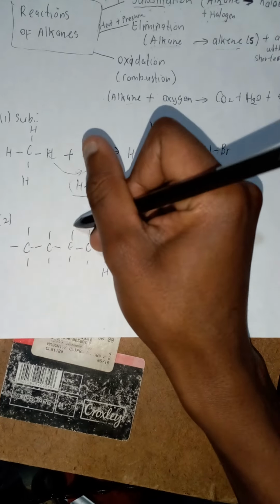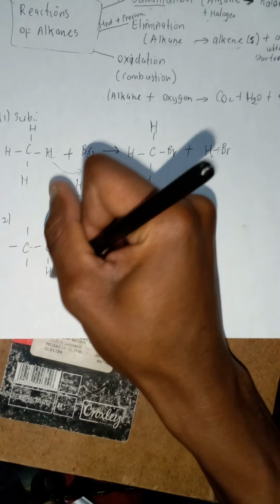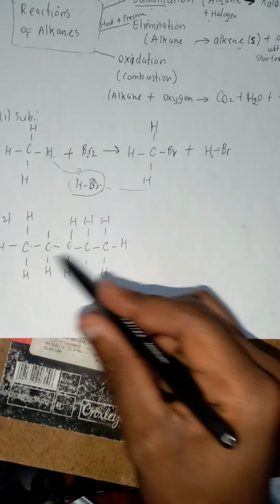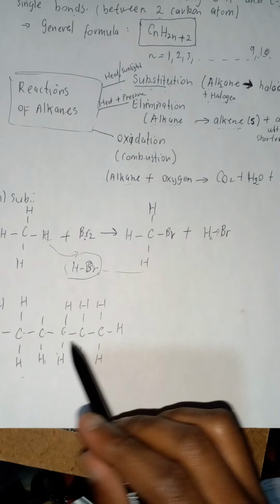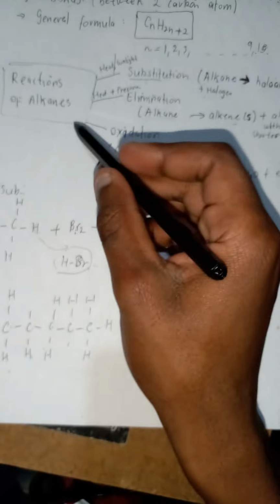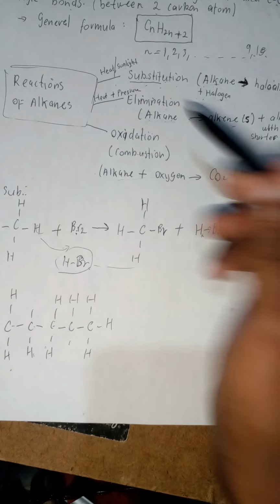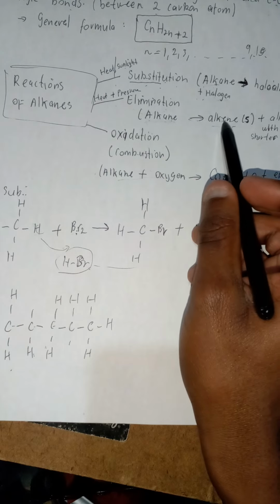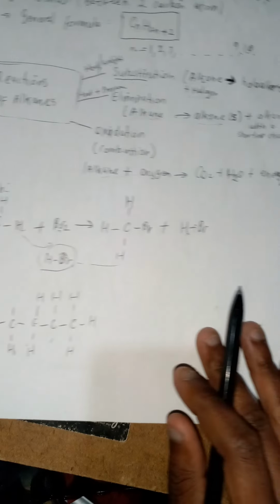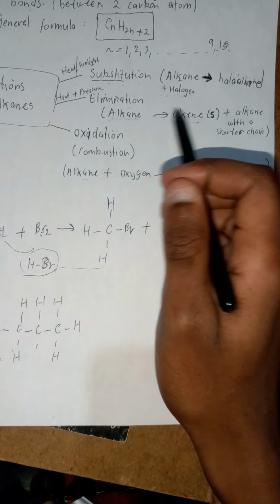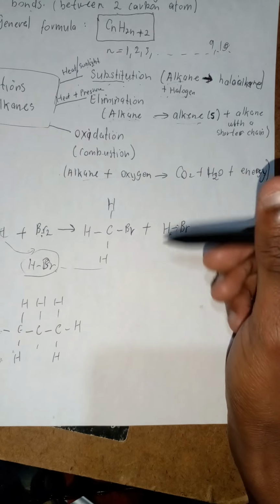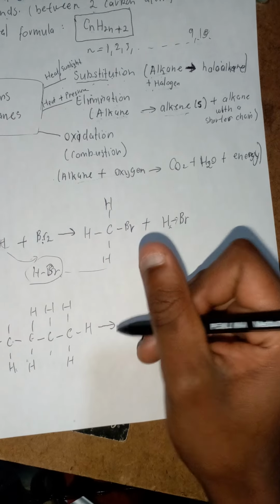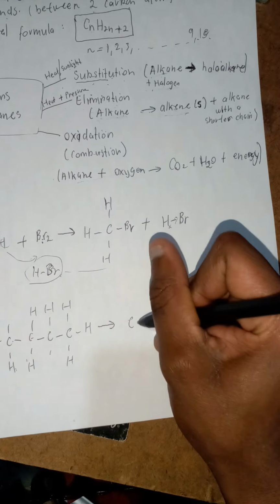So this is pentane. This compound will decompose, because we are writing an example of elimination. So an alkane will decompose, forming an alkene plus an alkane that consists of a shorter chain. The kind of alkene that will be formed here is ethene.